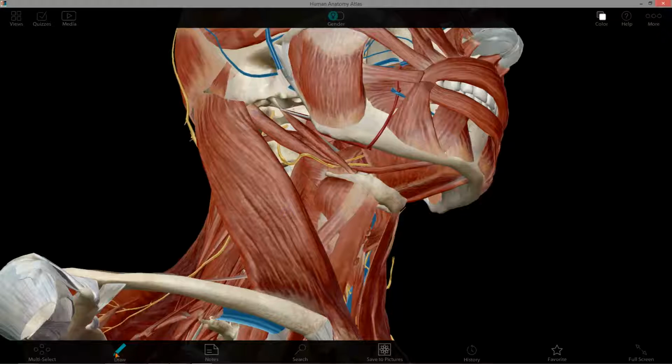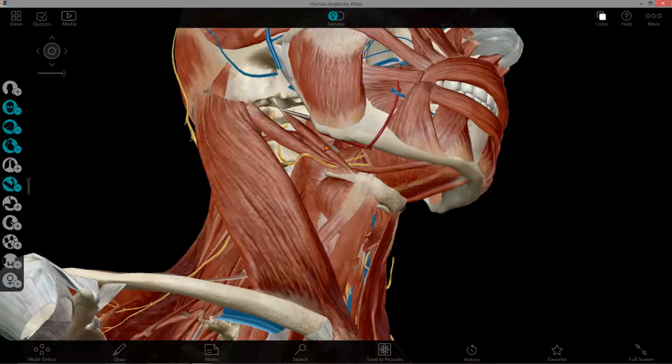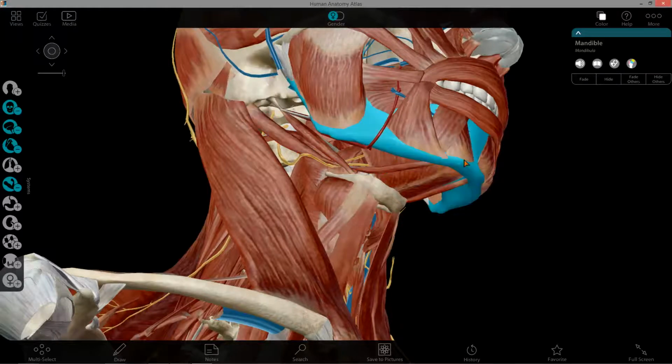The digastric triangle has the stylohyoid as its posterior boundary, its anterior boundary is the anterior belly of the digastric, and its base is the mandible.